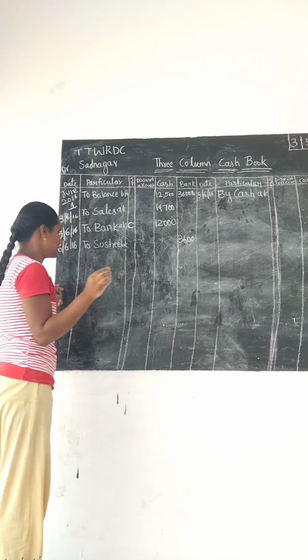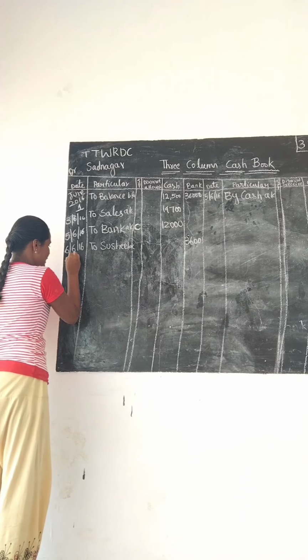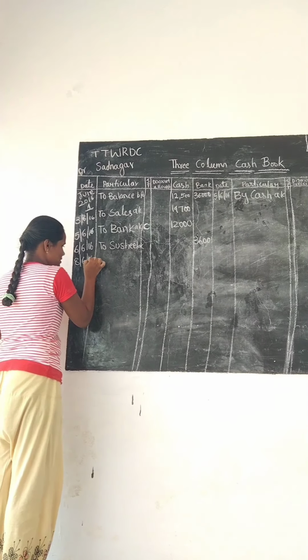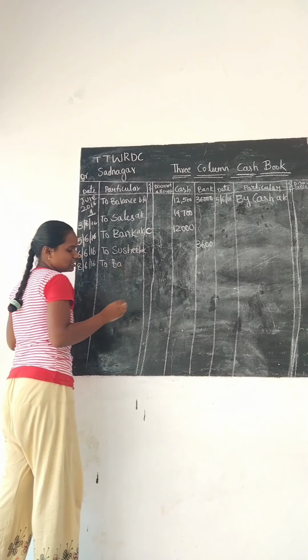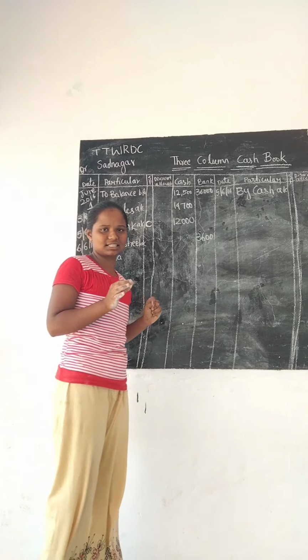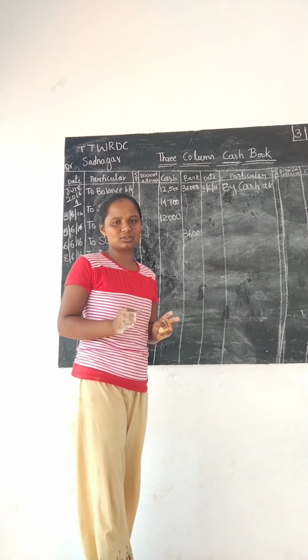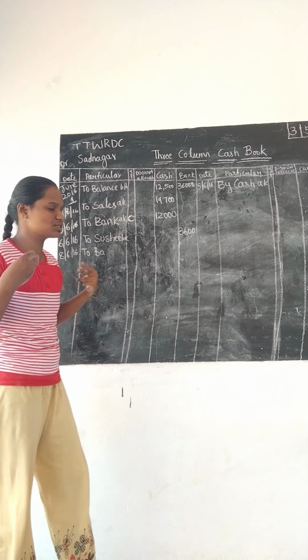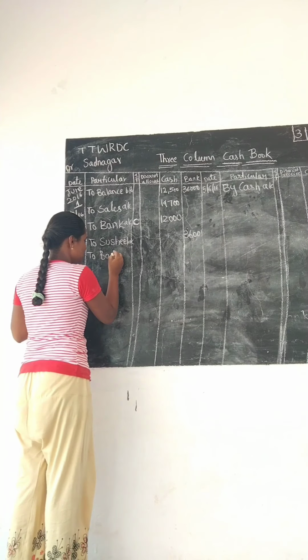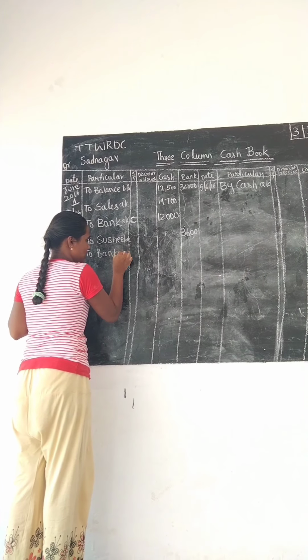On 8th June 2016, to bank. The journal entry of that transaction is bank account debit to cash, because bank is debit. Our cash is going. Bank account.